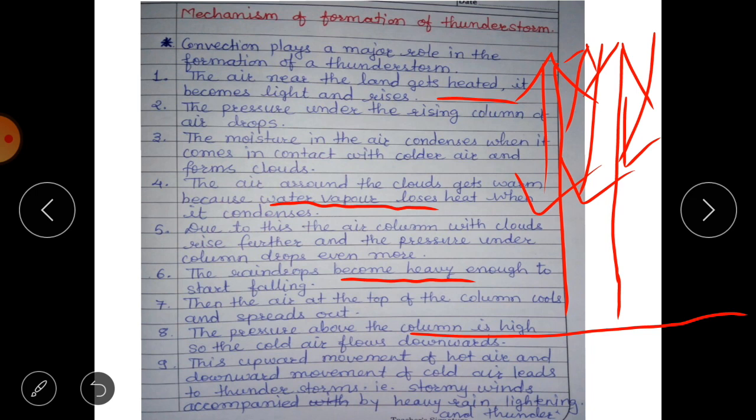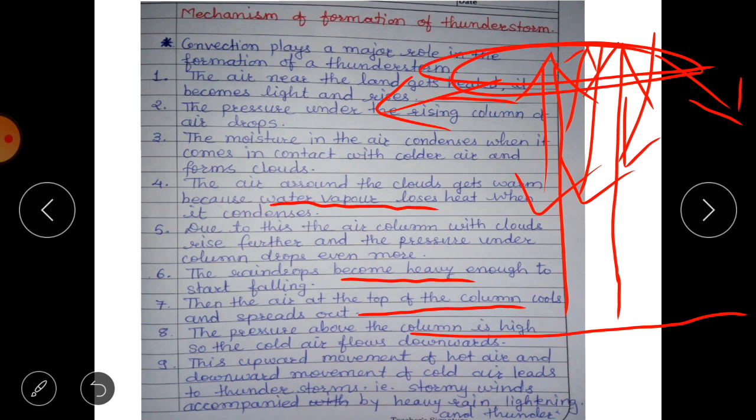Then the air at the top of the column cools and spreads out, and the pressure above the column is high. Why is it high? Because of the cold air.